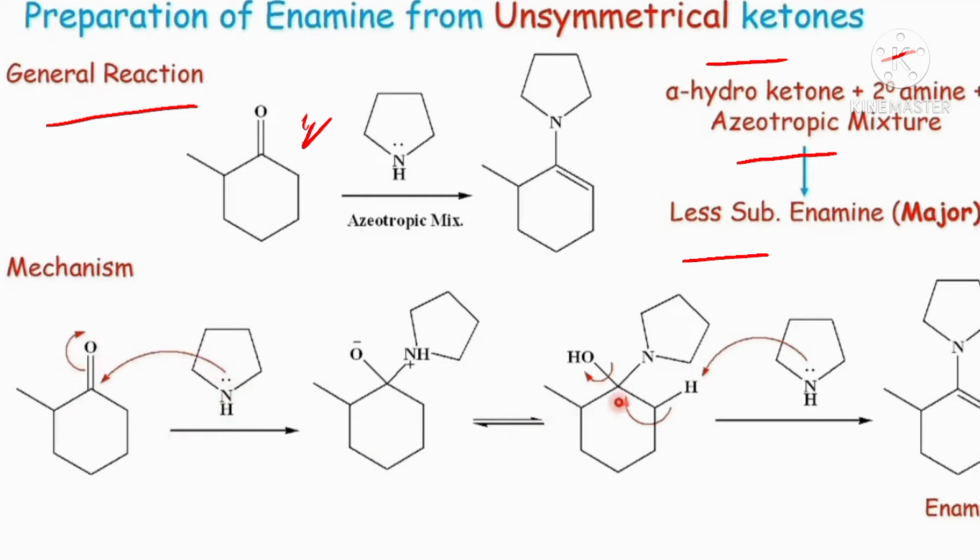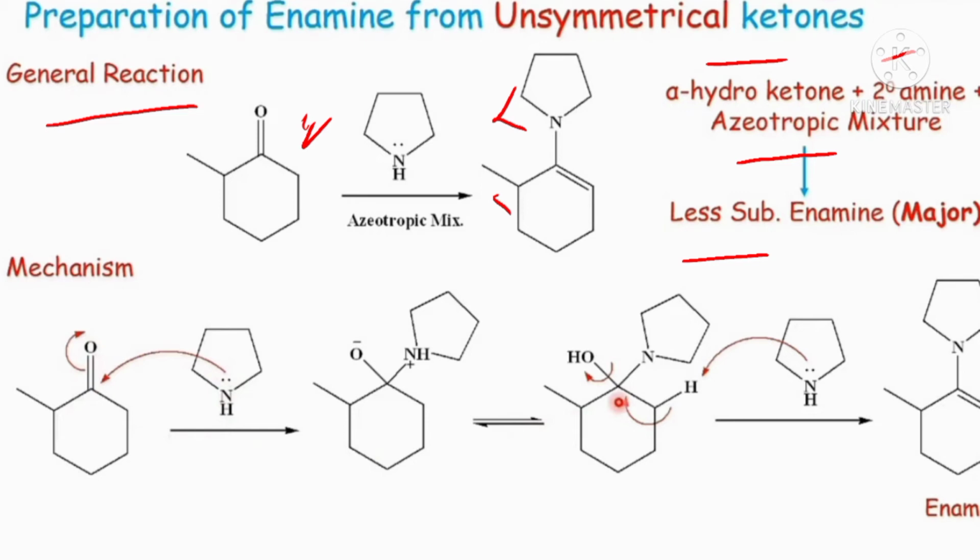Okay, but the less substituted enamine acts as the major product, because this alpha substituent creates strong steric crowding with the alpha substituent of pyrrolidine.